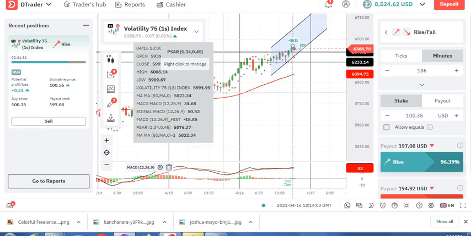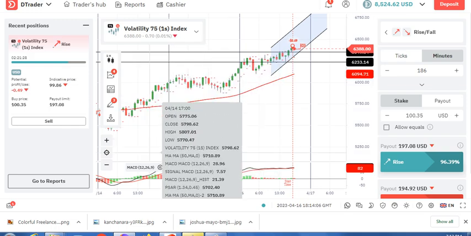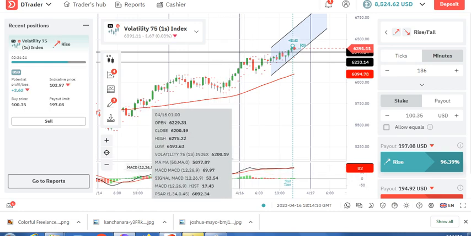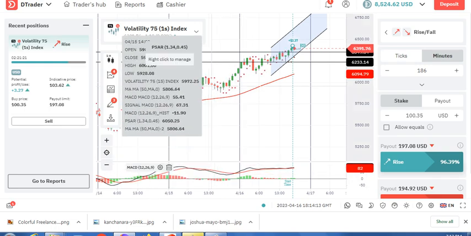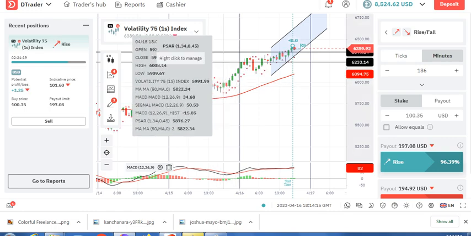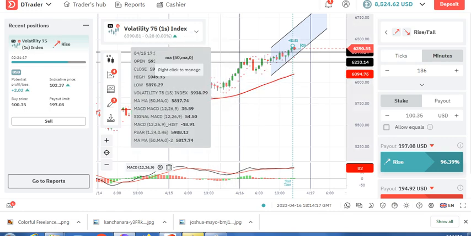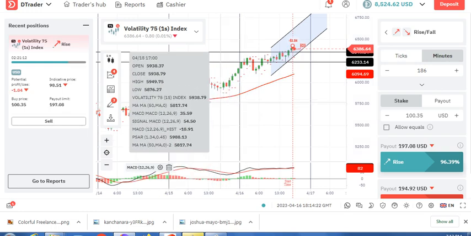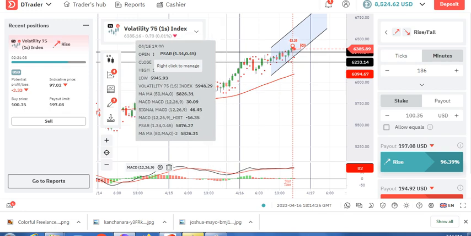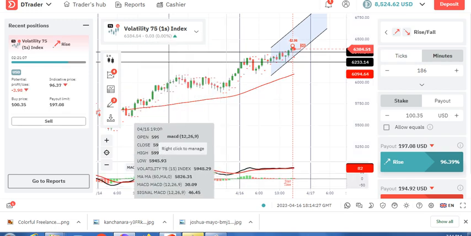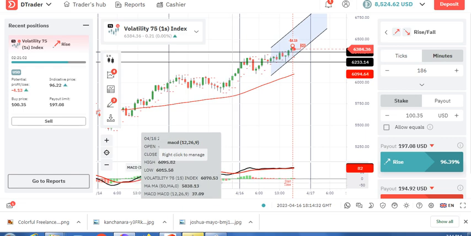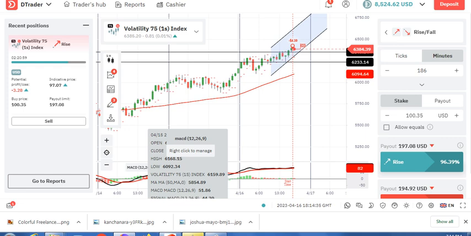So do not enter a sell until this candle crosses this red line, the parabolic SAR will be above, and this line also will cross this horizontal line, moving below this horizontal line with green and red.